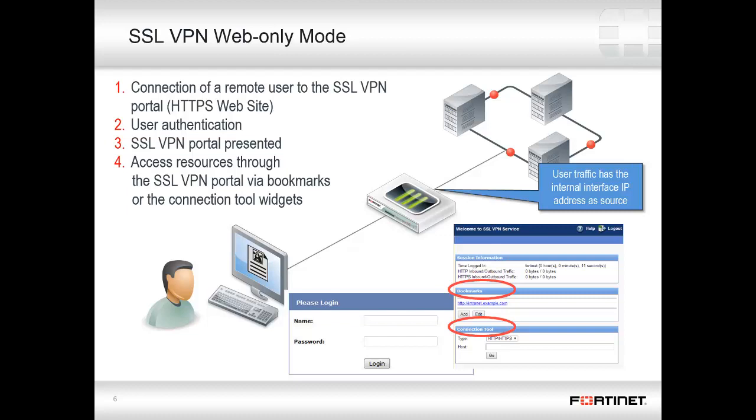It is also important to know that in the case of web-only, the source IP address of the traffic originated by the user matches the primary IP address of the FortiGate internal interface. In other words, the internal servers will see all the SSL VPN connections coming from the FortiGate's IP address.